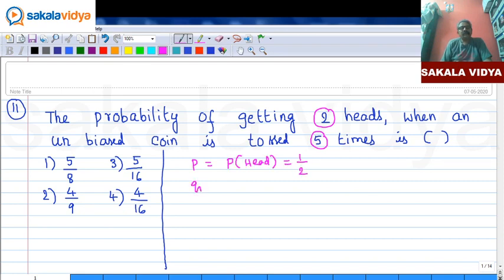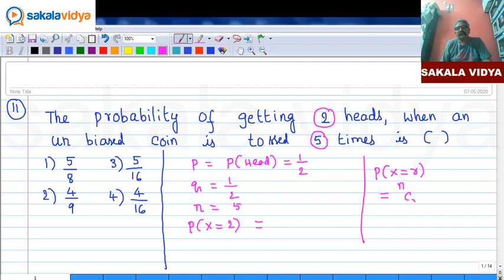So Q will be 1 minus P, that is also 1 by 2. Here n equals to 5. What we need to find out? Exactly 2 heads, P of x is equal to 2. Using binomial distribution, P of x equal to r is nCr Q power n minus r and P power r.